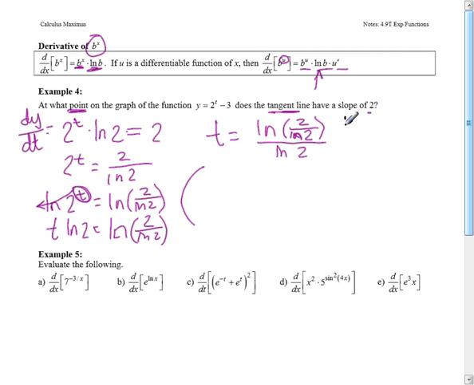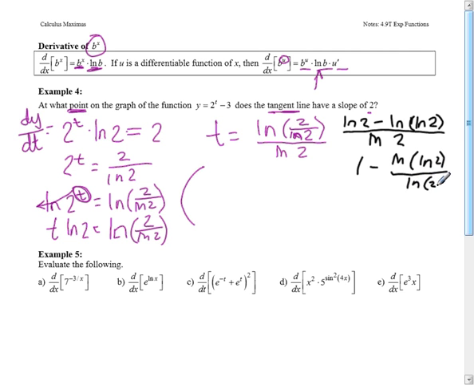If you remember your rules of logs, you could rewrite this using subtraction. Okay, when you divide logs, you can subtract them. And if you really wanted to rewrite it even more, ln of 2 over ln of 2, that's 1 minus ln of 2 over ln of 2.